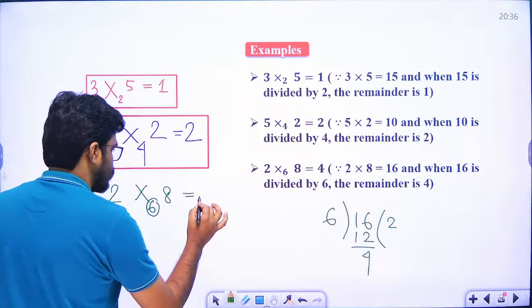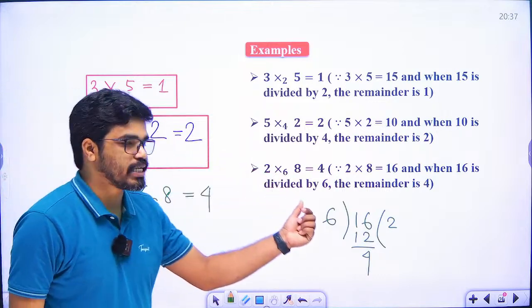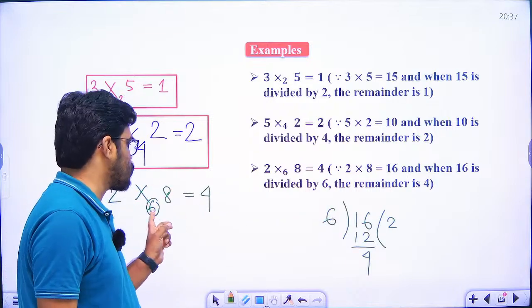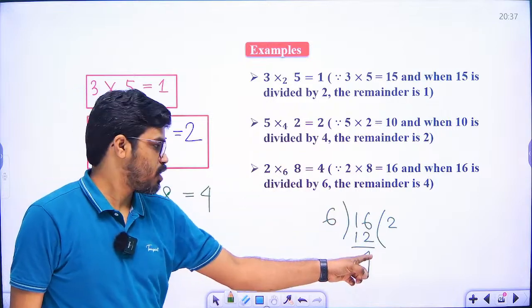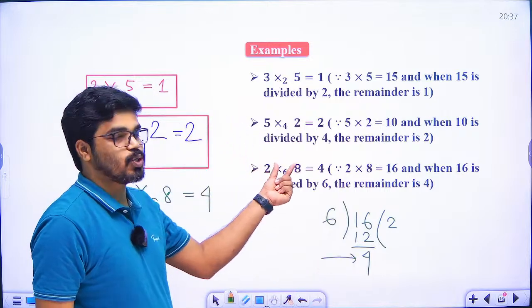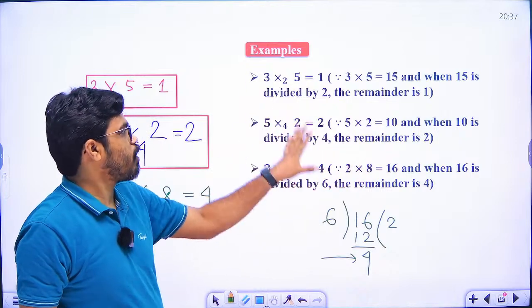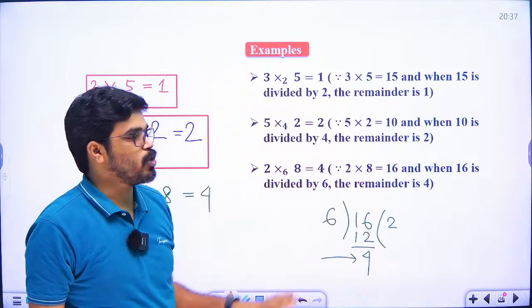The remainder is 4, so this will be 4. 2 into 8 is 16, we divide 16 by 6, the remainder is 4, so 2 into 8 will be 4. Okay, so this is the concept of multiplication modulo m.